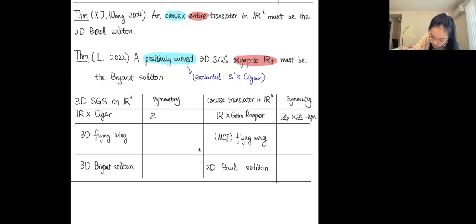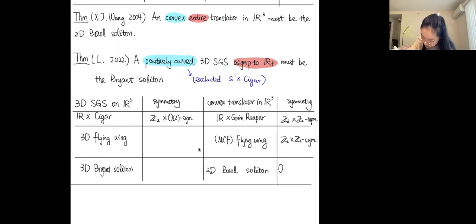Of course, R cross cigar is Z2 cross O2 symmetric, where the O2 symmetry is the rotational symmetry of the cigar. The mean curvature flow flying wing is also Z2 cross Z2 symmetric. And the 2D bow soliton is O2 symmetric.